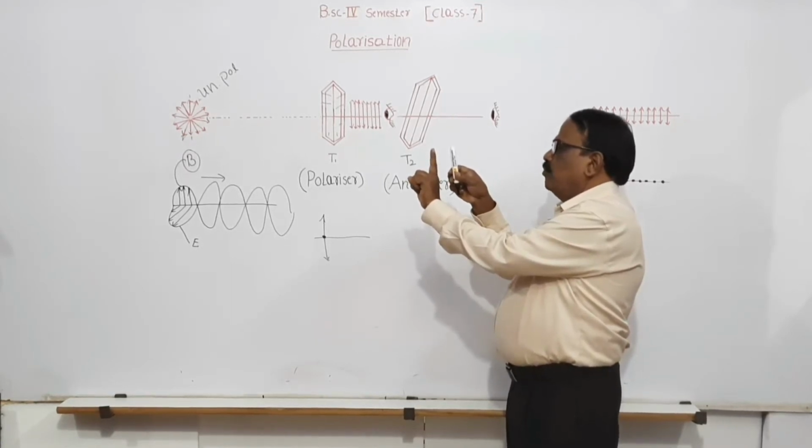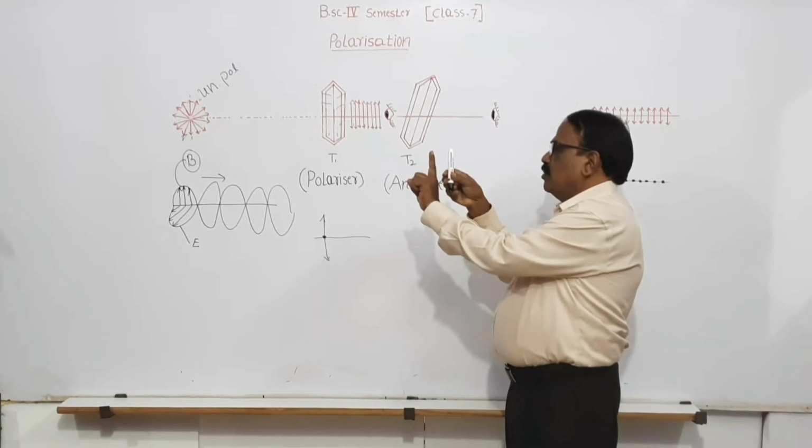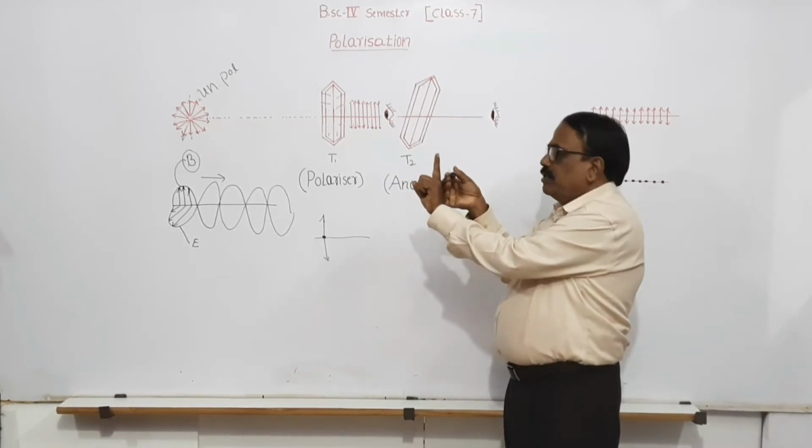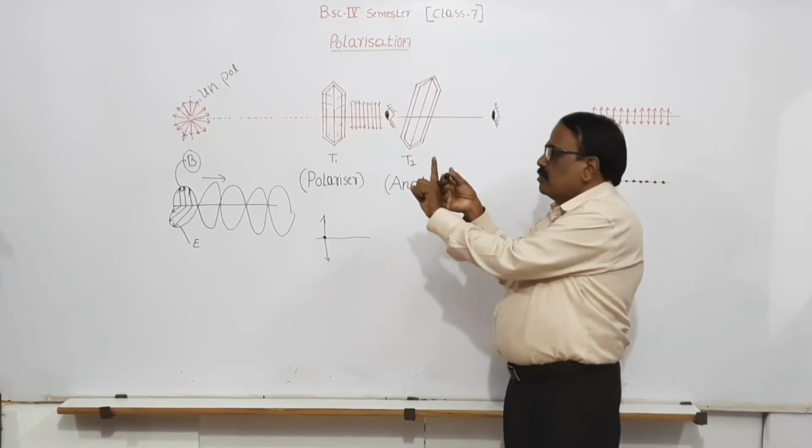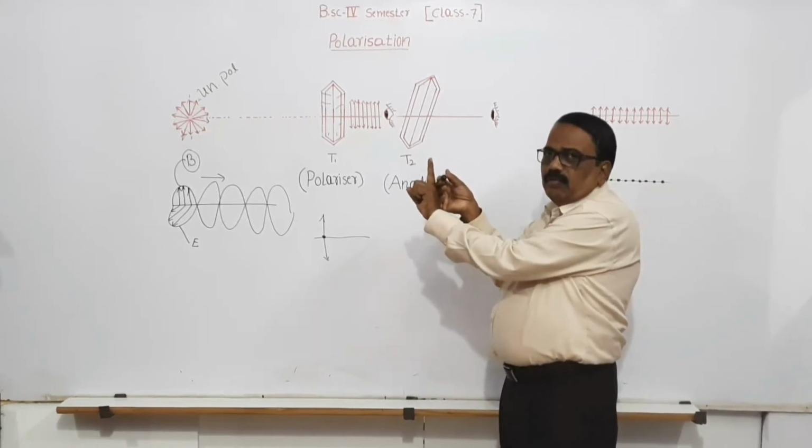Then if you go on rotating this analyzer, slowly the intensity of the light goes on decreasing, and when the axis of the analyzer becomes perpendicular to the axis of the polarizer, light is completely extinguished. That means the intensity of the light is zero.